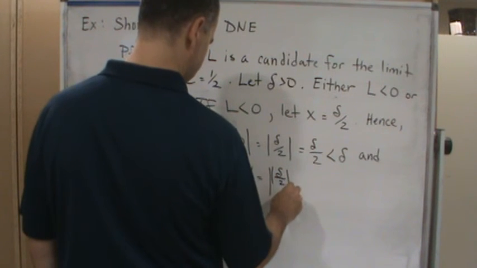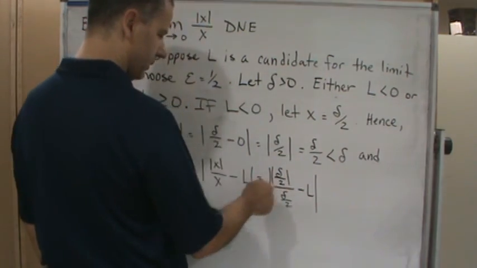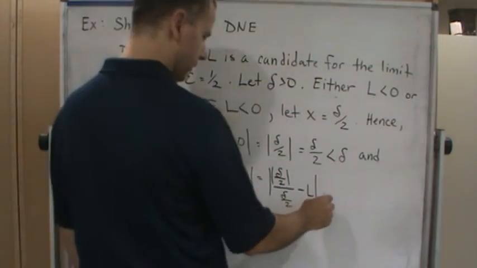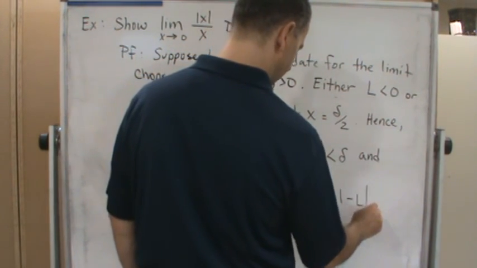So the absolute value of delta over 2 over delta over 2 minus L. Now in this case here, this is positive over positive, so this is going to be equal to the absolute value of 1 minus L.